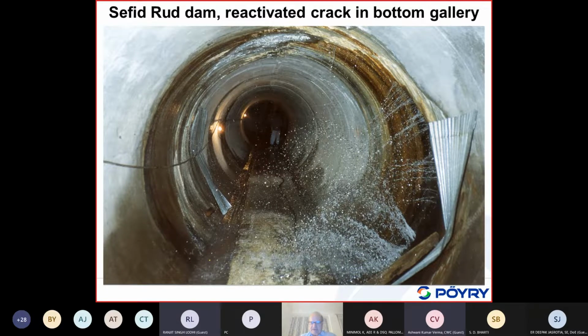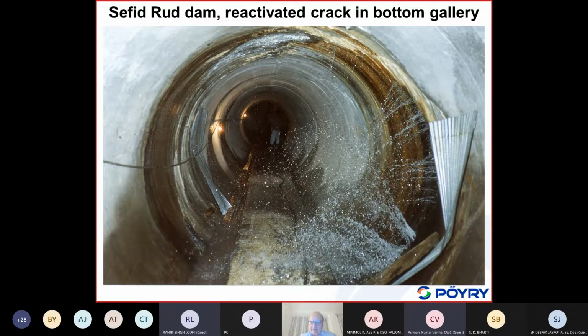This is a bottom gallery here in the buttress, in the buttress head, and you could see here that through this crack, which is an old crack from the time of the construction because of the geology, due to the ground shaking this crack was slightly moved, and the material which filled this crack was washed out.